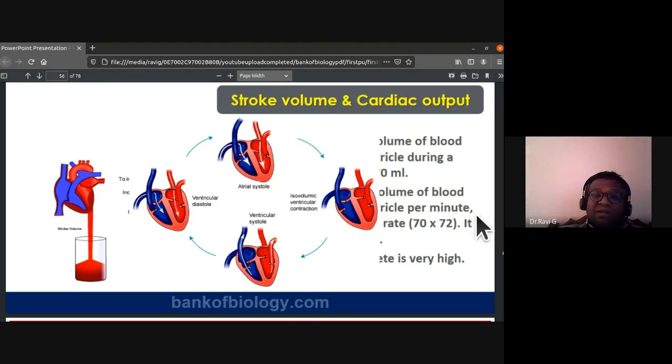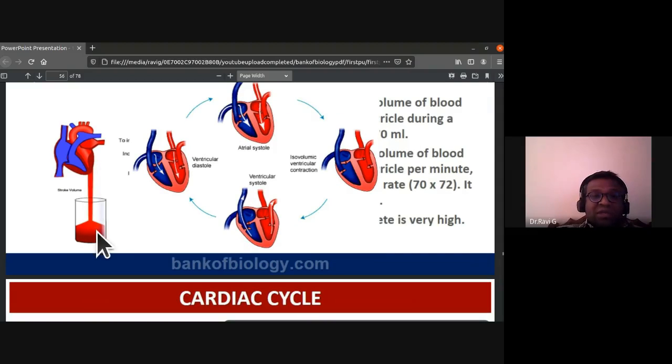The volume of blood pumped by the ventricle per minute is 70 into 72, which comes to 5400 ml. That is the cardiac output. The stroke volume is measured for the left ventricle, per heartbeat, per cardiac cycle, and is 70 ml.